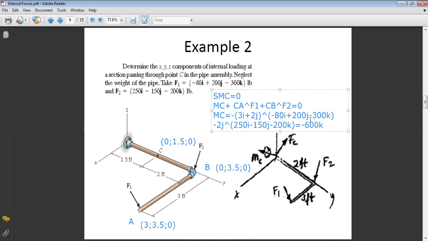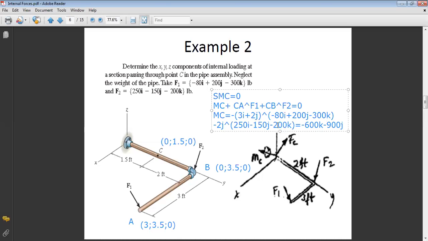But I have minus here, so plus, and I have minus outside, so minus. So minus 3 times 300, so minus 900j, okay?